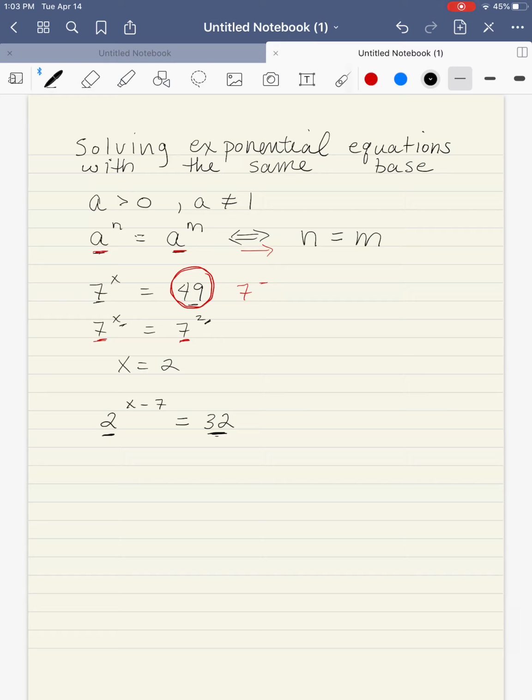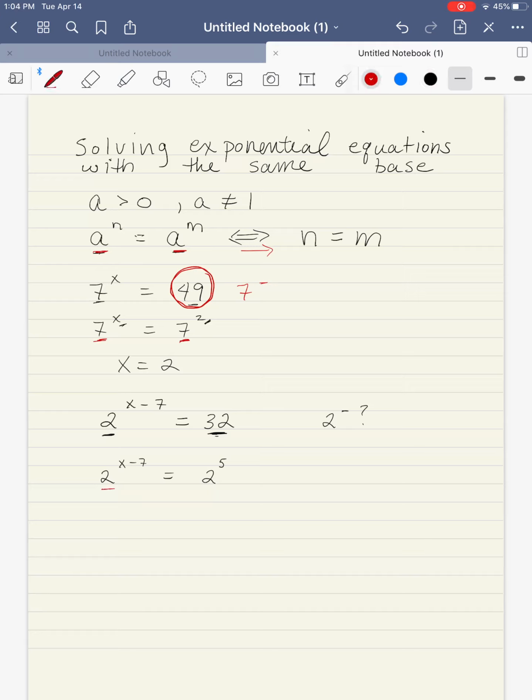Well, 2 is prime, so it can't be written as anything but 2. But can I write 32 as 2 to some power? Can I do that? And I see yes, I can. I can rewrite 32 as 2 to the 5th power, because if I multiply 2 times itself 5 times, it equals 32.